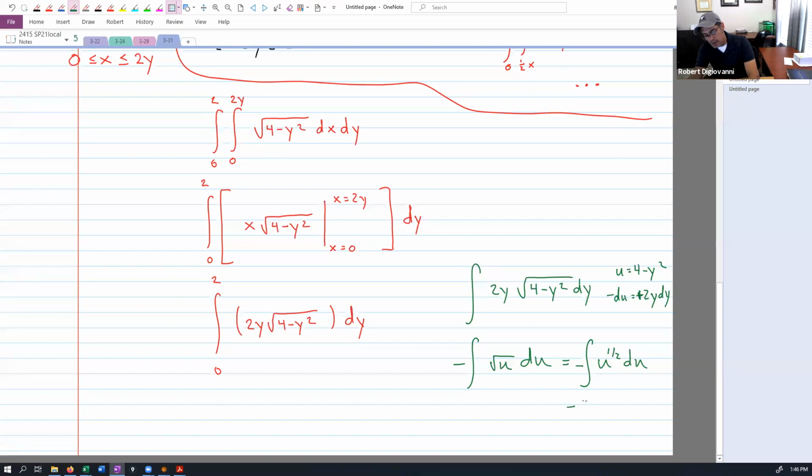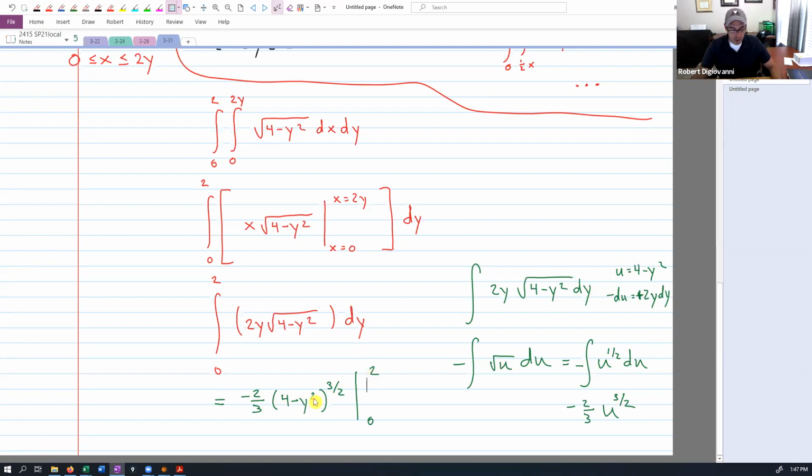And this is going to be negative 2/3 u to the 3/2. So this is just basic u sub. So this becomes negative 2/3 4 minus y squared to the 3/2 evaluated from 0 to 2. I'm almost there. I may as well just finish this.